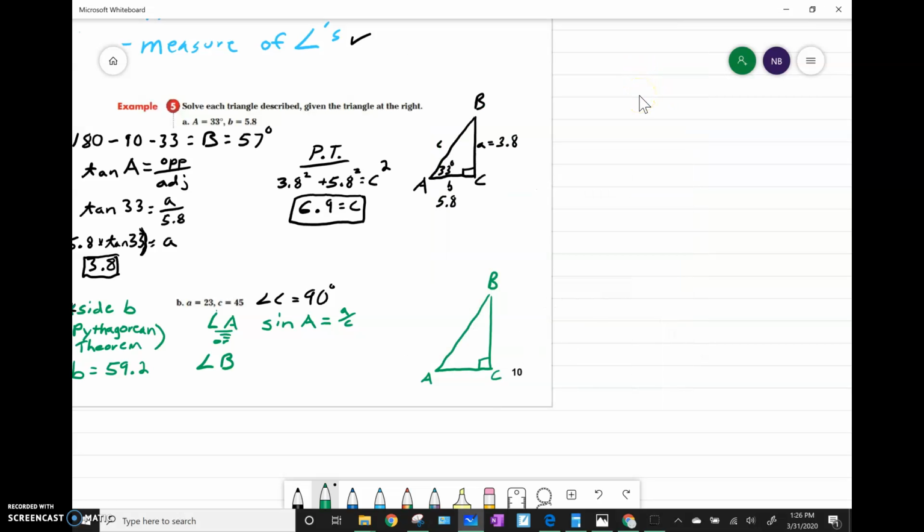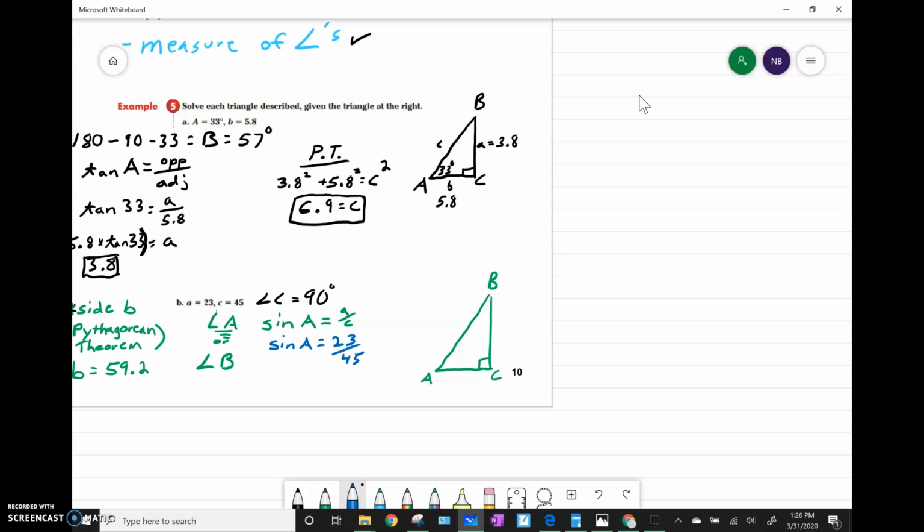All right. Now, the sine of angle A equals A over C is now going to say the sine of angle A equals 23 over 45. Now, just for easy problem solving, we're going to move sine over here because we want A by itself.